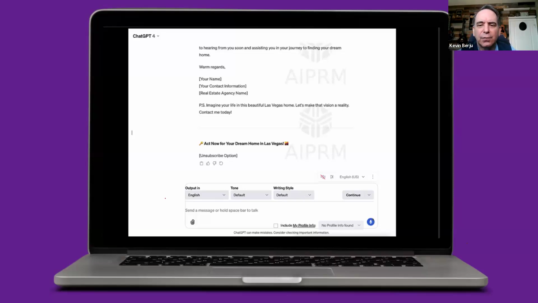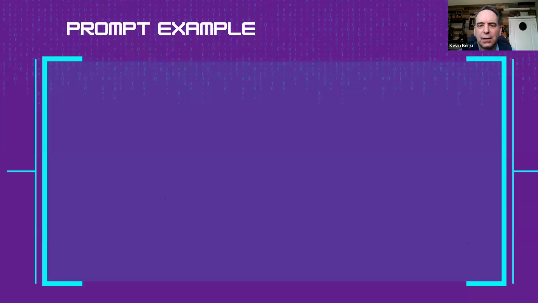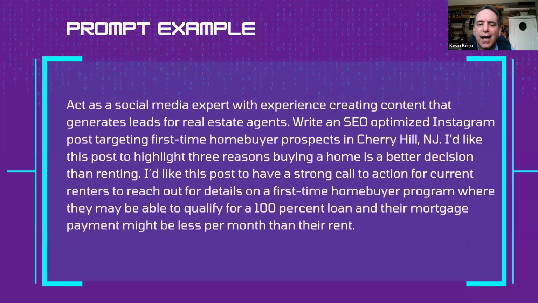Okay, so let's take a look at another one. All right, so here's the prompt example. Ready? Let's see how it can help with social media posting. If you're looking for assistance with Instagram posts, a well-crafted prompt might end up looking something like this.